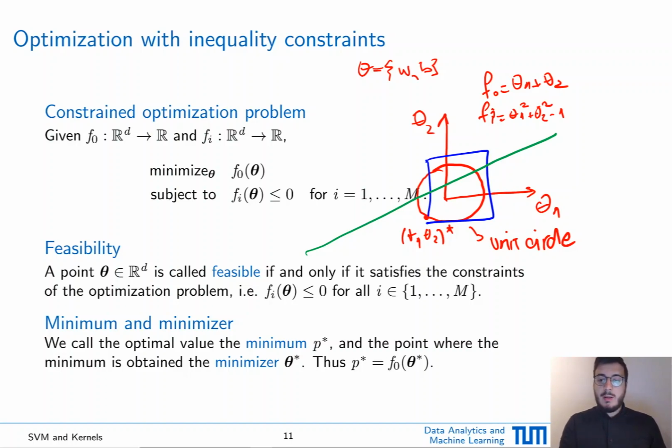So now the parameters have to satisfy that they're inside the circle, inside the rectangle, and above the green line. The only feasible region which satisfies all of these constraints is within this part. All of the points that live inside this region are feasible because they satisfy all three constraints. And in this case, the minimum point would be somewhere over here.